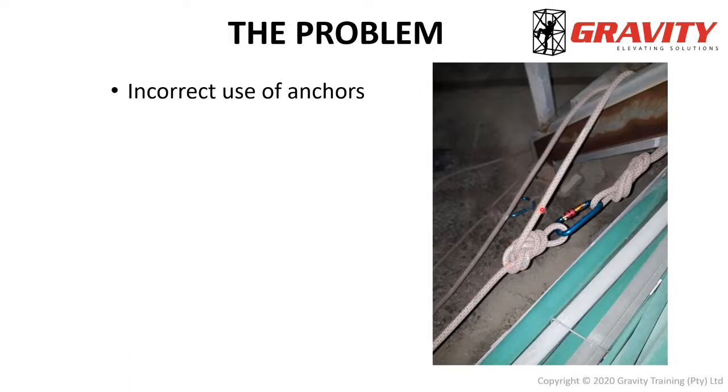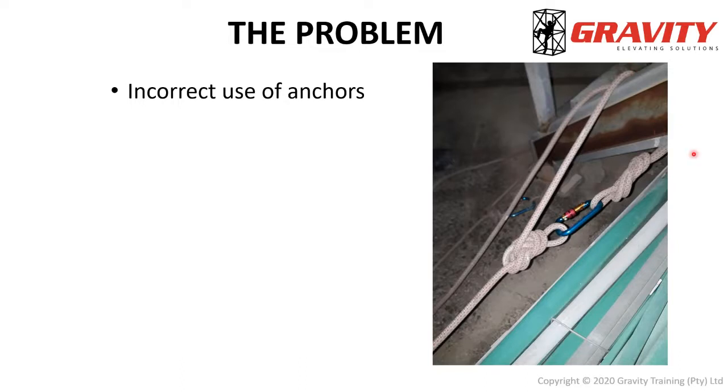Using a figure of 8 knot like that is unsafe. As you can see, it opens up the knot at the bottom here, reducing the strength of that knot quite substantially. And the other issue we have is that this passes over this metal structure or member, whatever it may be, without any edge protection against those sharp edges.